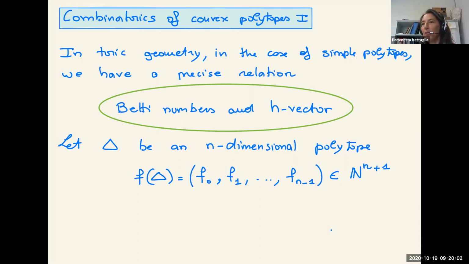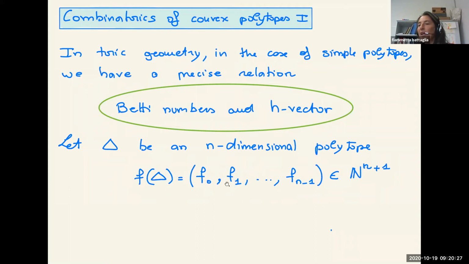So let me just recall, when we have an n-dimensional polytope, there is a natural vector that is associated to the polytope, that is the so-called F vector. The F vector counts the faces of given dimension. So F0 are the vertices, F1 the edges, and so on.